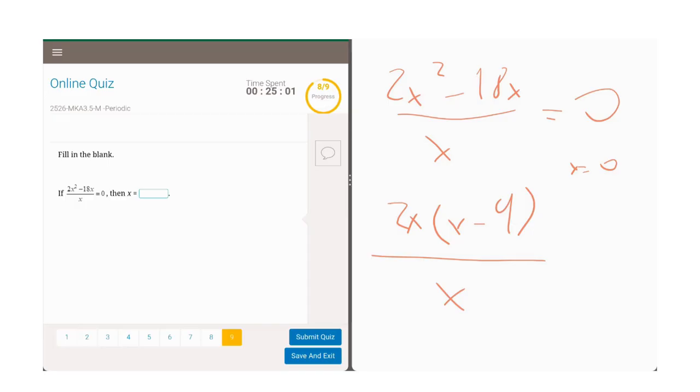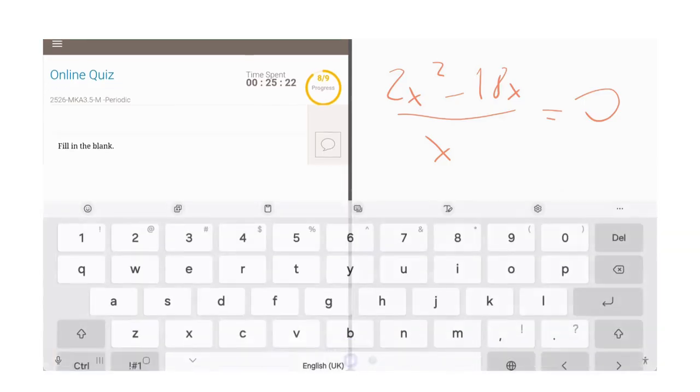And then we also have x minus 9 equals 0, so x equals 9. So you try on the denominator. If x equals 0, then 0 is the denominator, so that's not a correct value. So x equals 9, so 9 would be the denominator, and that would not make the expression undefined. So x would be 9 here.